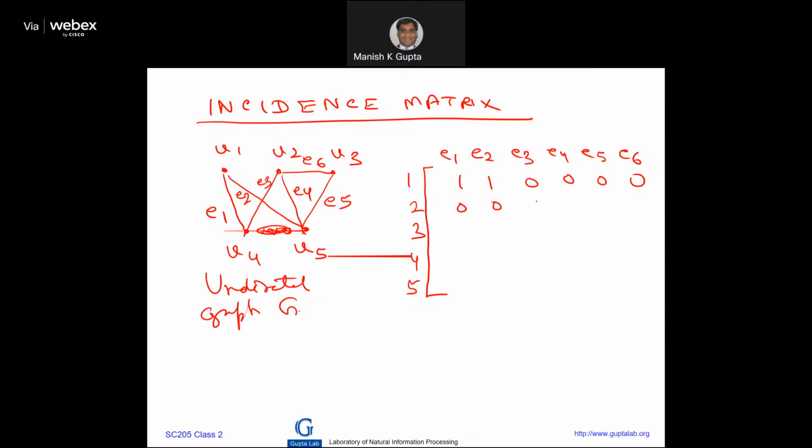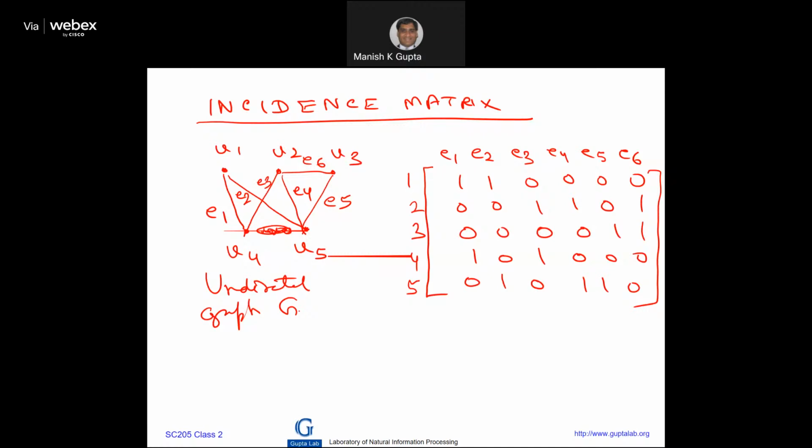So in the incidence matrix, I look at vertex V1, right? And there are 2 edges incident to it, E1, E2. So there will be 1 there, otherwise it is 0, right? Like that, we can construct this matrix. This is the incidence matrix representation of the graph.